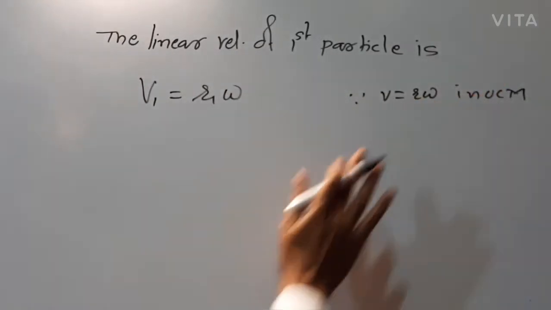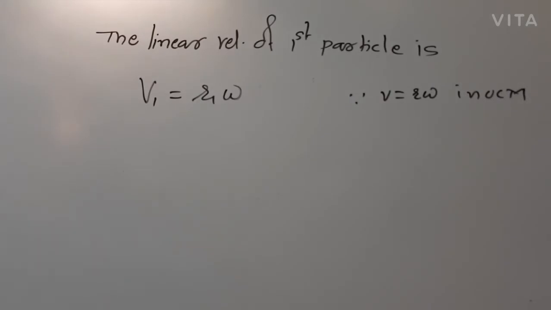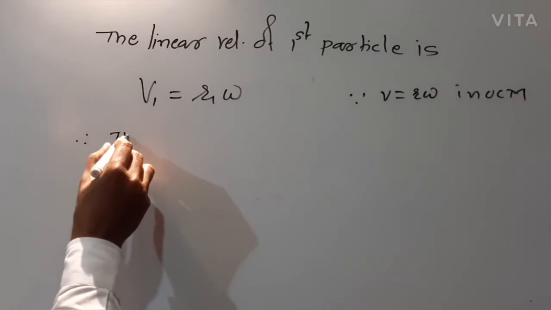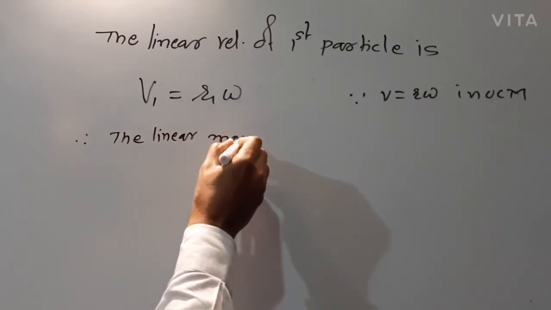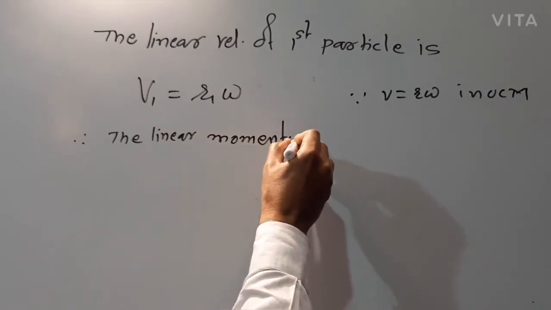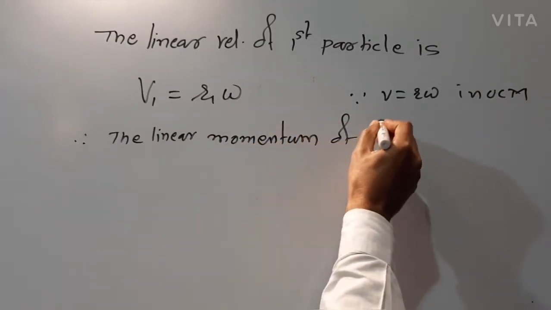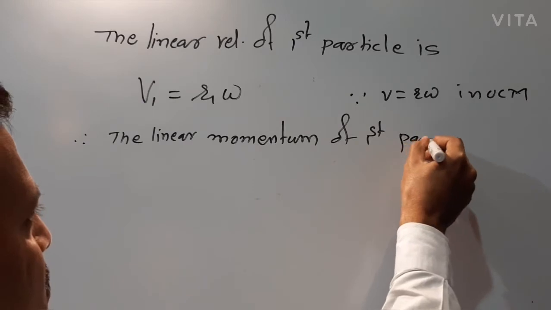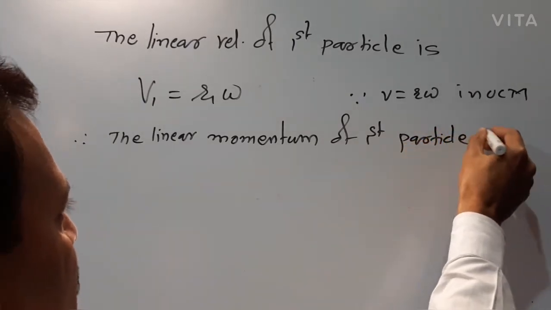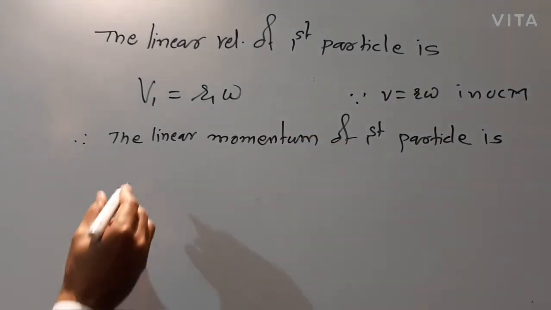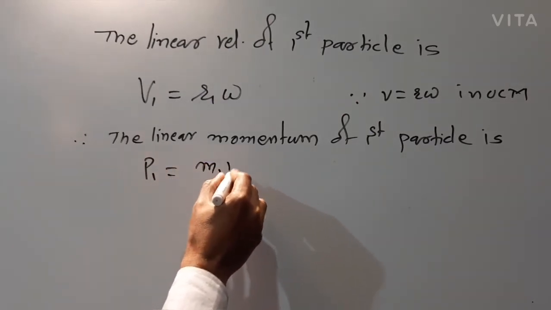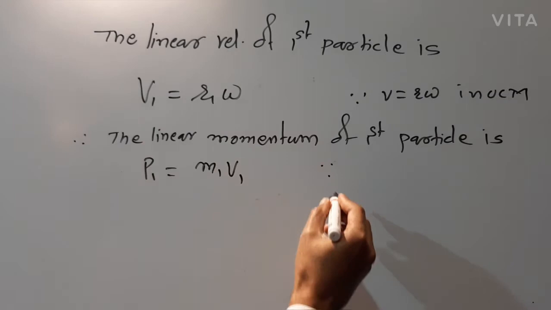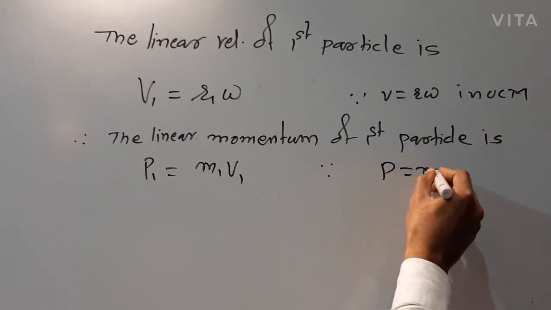So here the formula V is equal to R omega in UCM is used, and therefore the linear momentum of the first particle is P1 is equal to M1 into V1, because P is equal to MV.